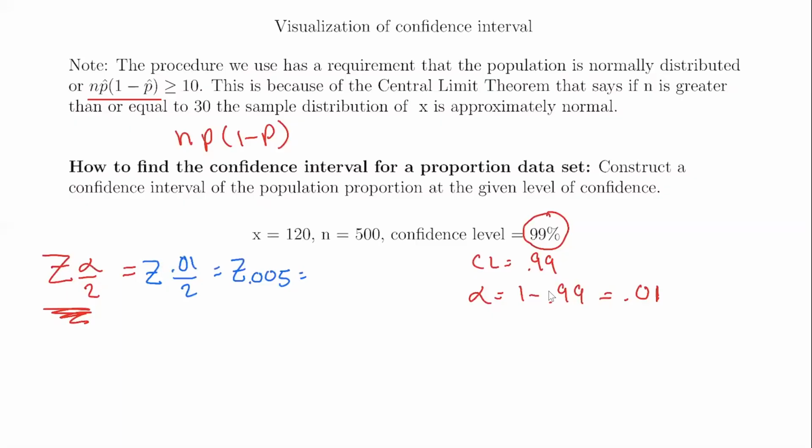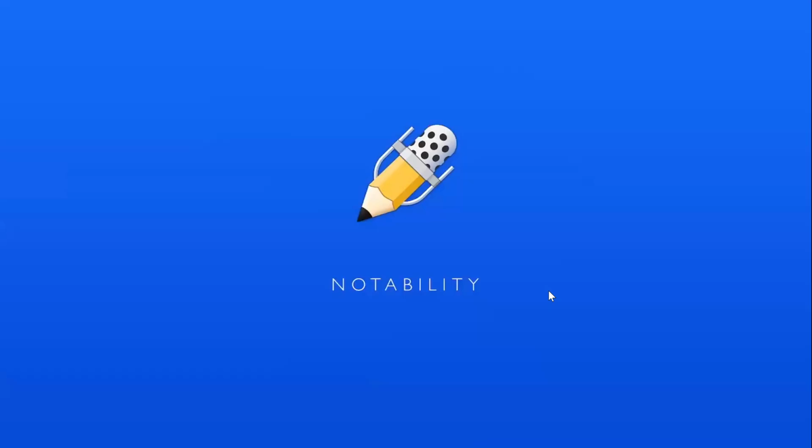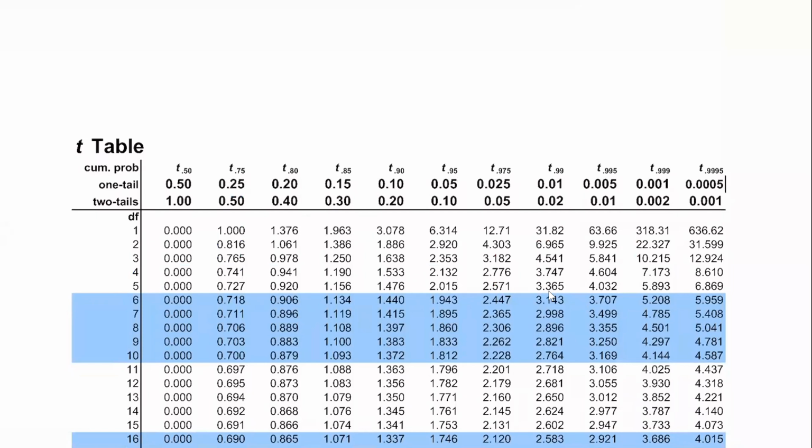All right. So once you get z of 0.005, what you're gonna do, you're gonna look for this in the t table. So let me go ahead and download the t table. So I'm gonna put right here the z value that we got.